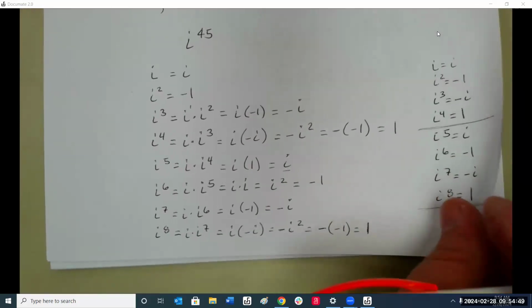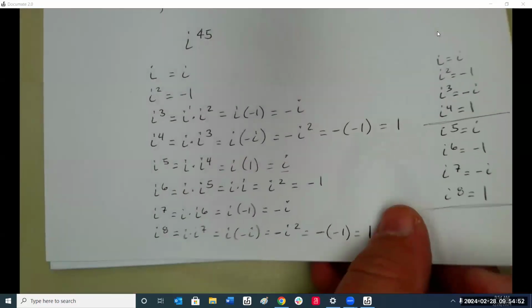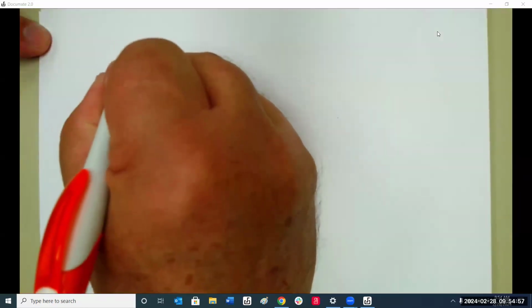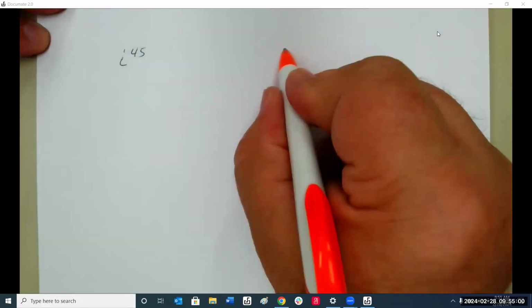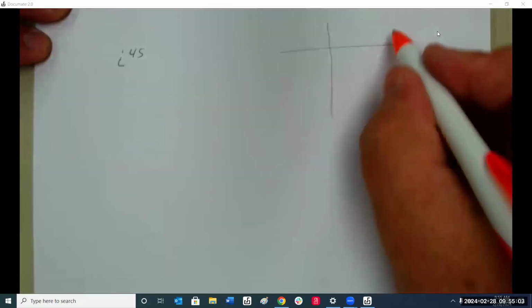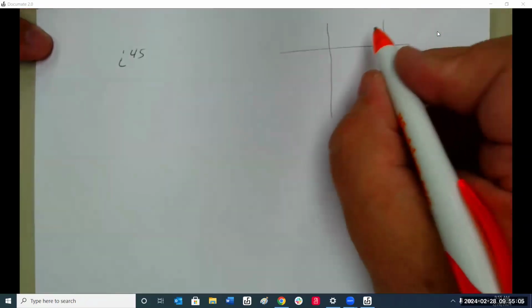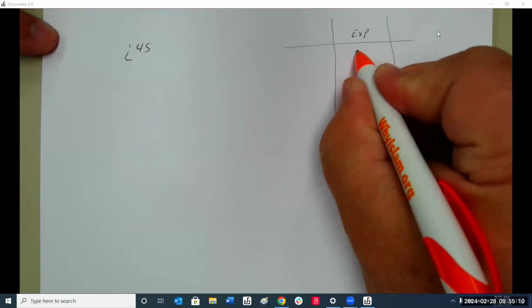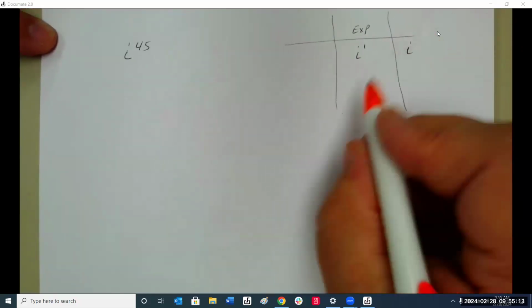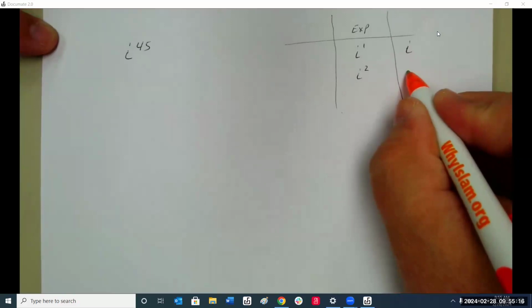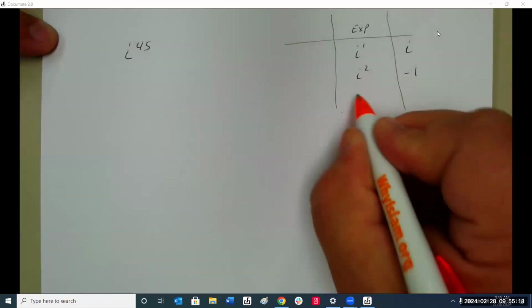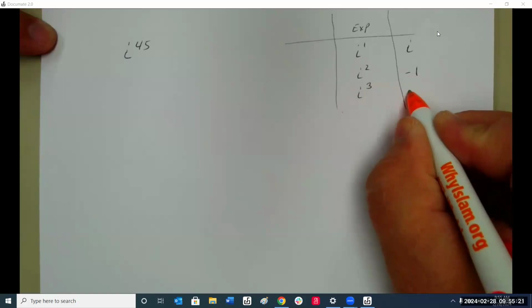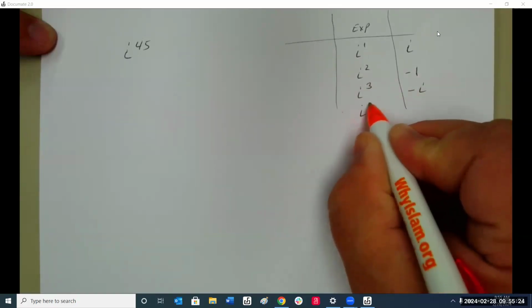So let's look how this would work. We're trying to find I to the 45th. Here is the pattern. This is your exponent. I to the first is I, I to the second is negative 1, I to the third is negative I, I to the fourth is positive 1.